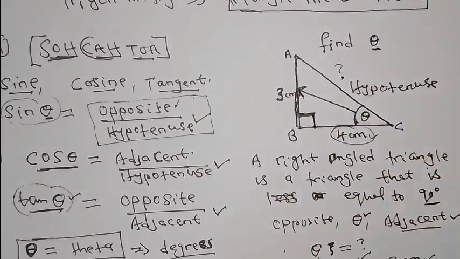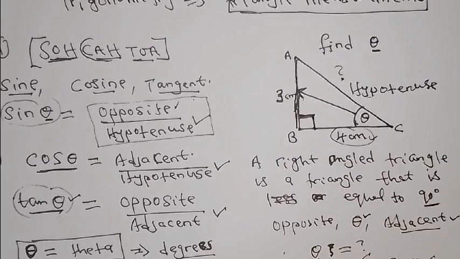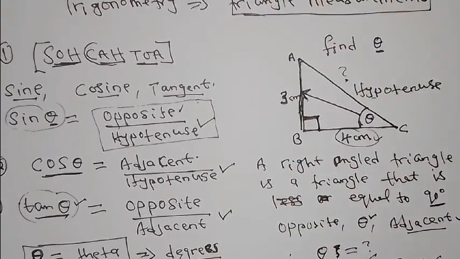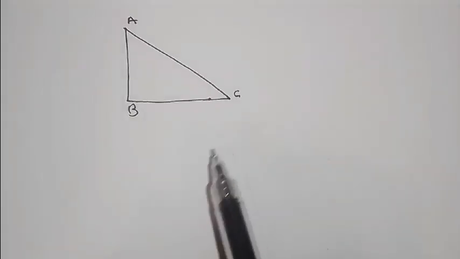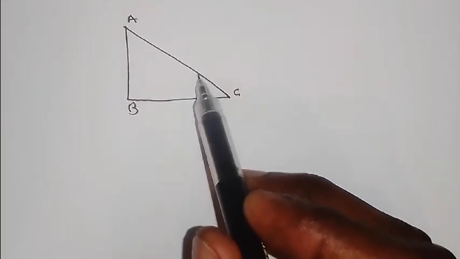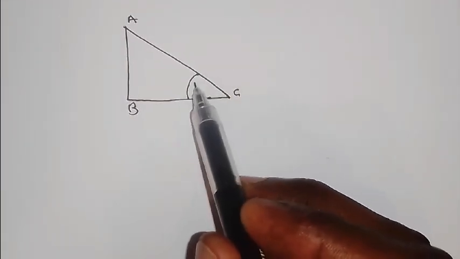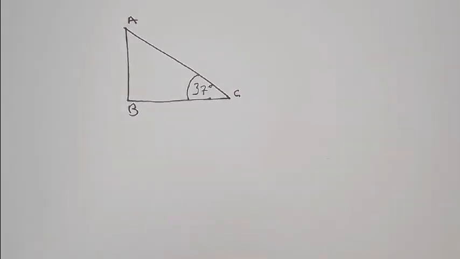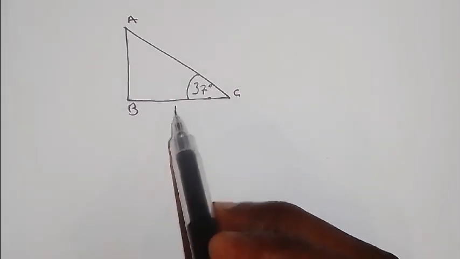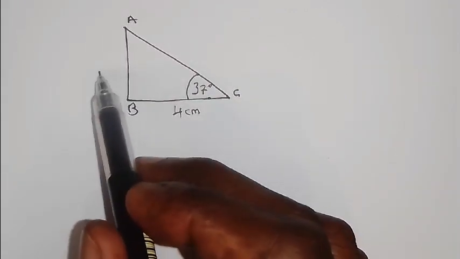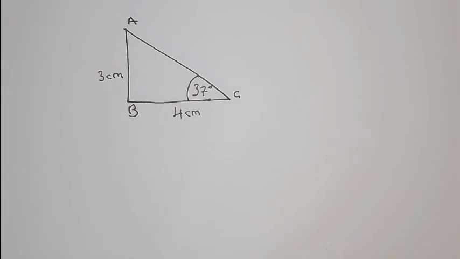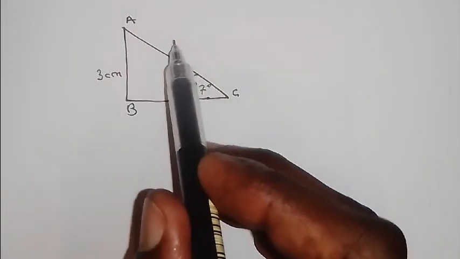If you want to find the hypotenuse, this side AC, you can also use what is called the Pythagoras theorem, and I'm going to show you in a minute. We have found this angle as 37 degrees, and we know that this was 4 centimeters and this was 3 centimeters. We want to find this side.